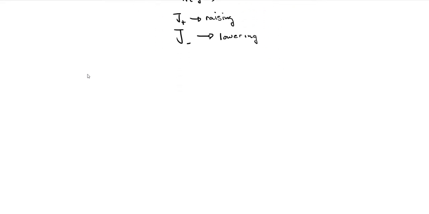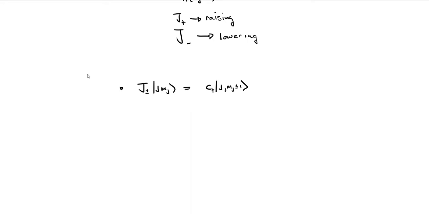So what we've shown is these raising and lowering operators acting on |j m_j⟩ give us some vector that's proportional to |j, m_j ± 1⟩, but not necessarily normalized. So there's some factor out front that makes this normalized.